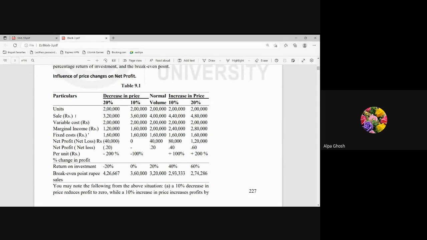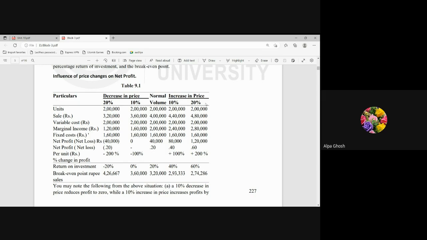We have seen what the units are: 20% decrease in price, 10% decrease in price, then normal volume, and then an increase of 10% and 20%. These are the three different situations. The units are not going to decrease or increase. So units of 2 lakh remain the same in all the situations.